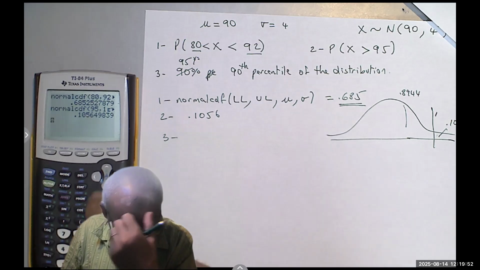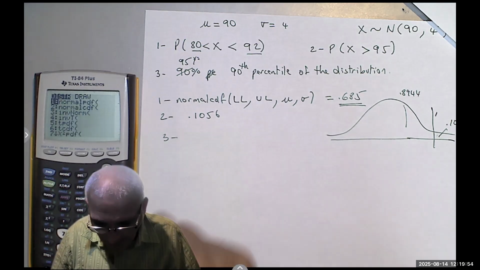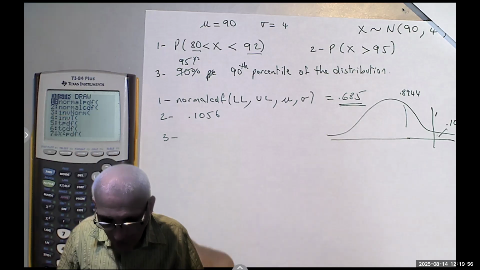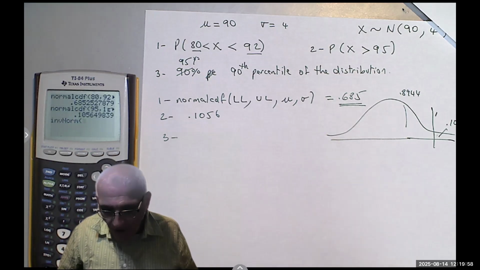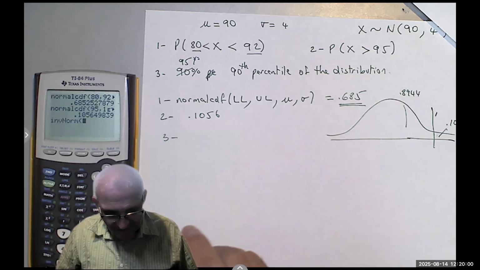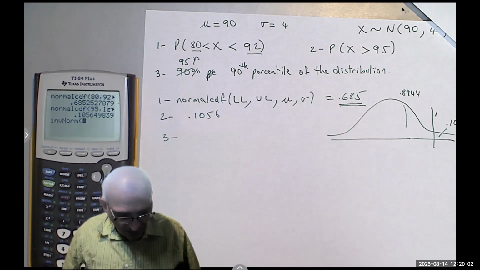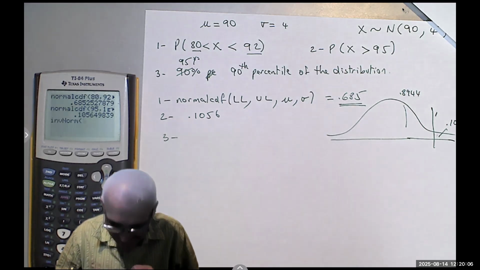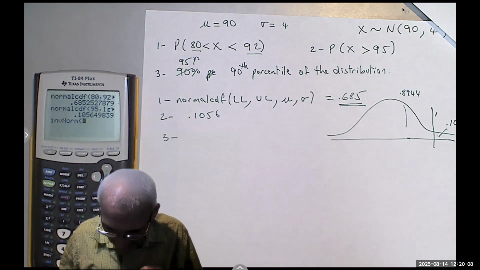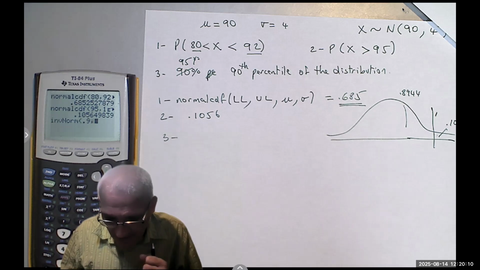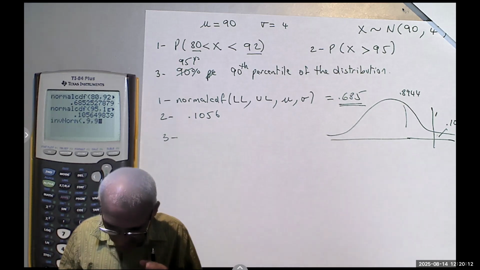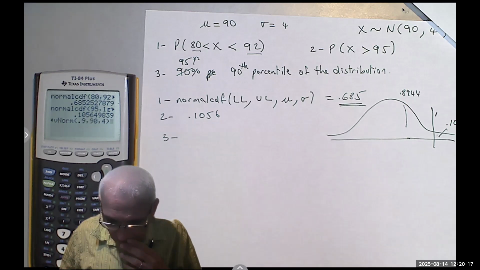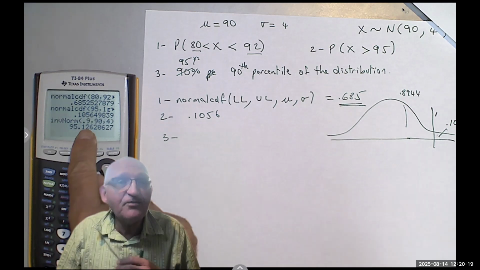So you're going to go to the distribution again, but instead of taking 2, go to 3. Notice in 3, it tells you the inverse function, right? So what do you do here? You want to enter the percent, which is 0.9, the mean, which is 90, and the standard deviation, which is 4. And you got 95.12.